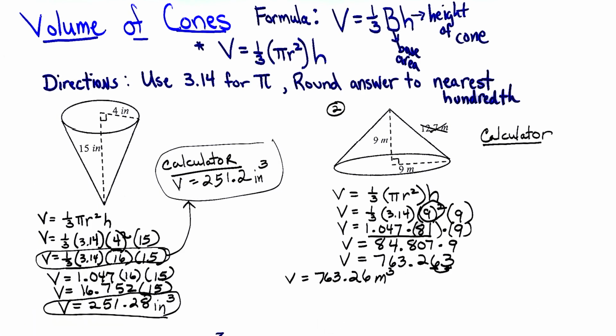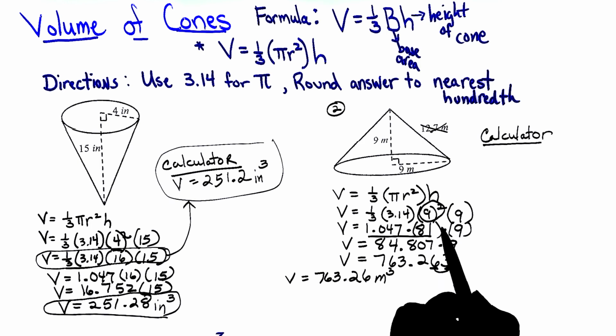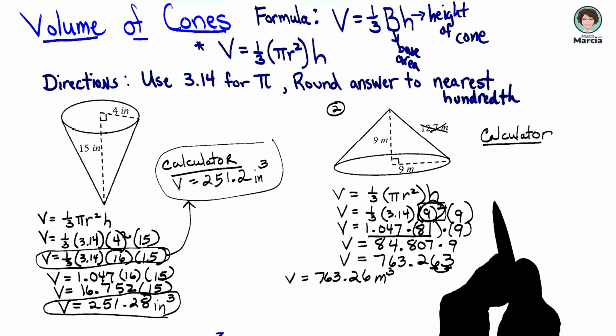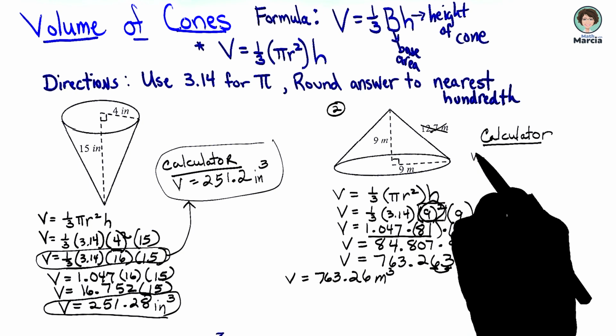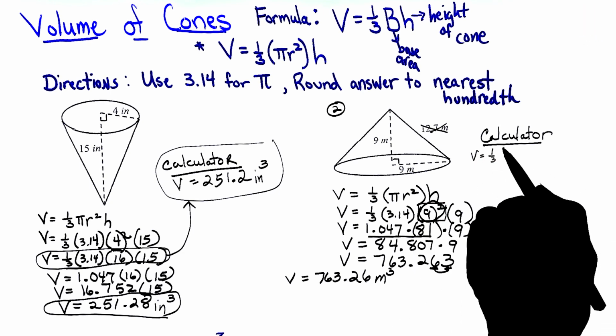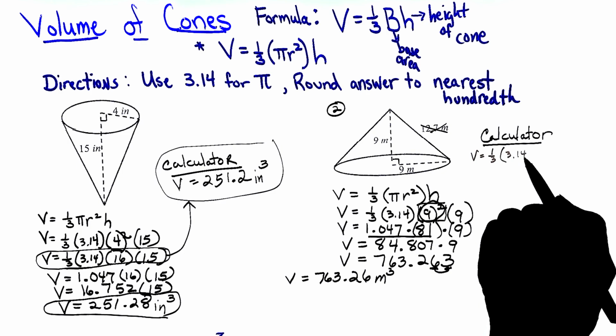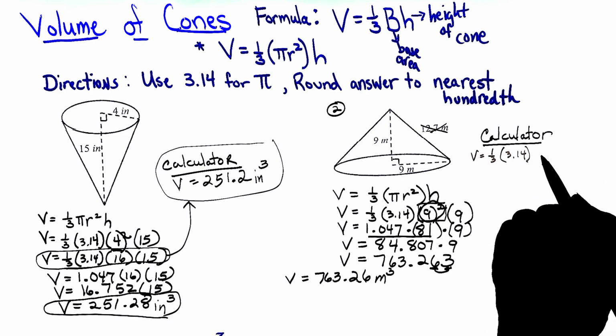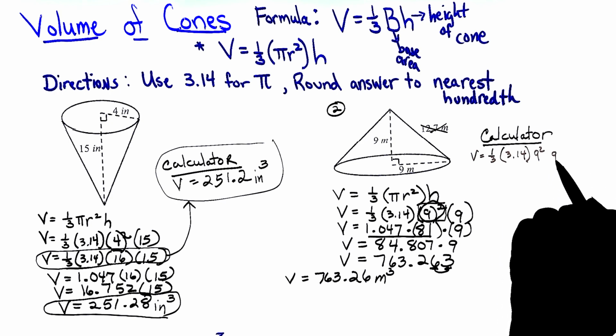When we're using our calculator, you're going to have this, and I'm going to write that out for you. So volume is equal to 1/3, and we have 3.14. We end up with 9 squared here and a 9.